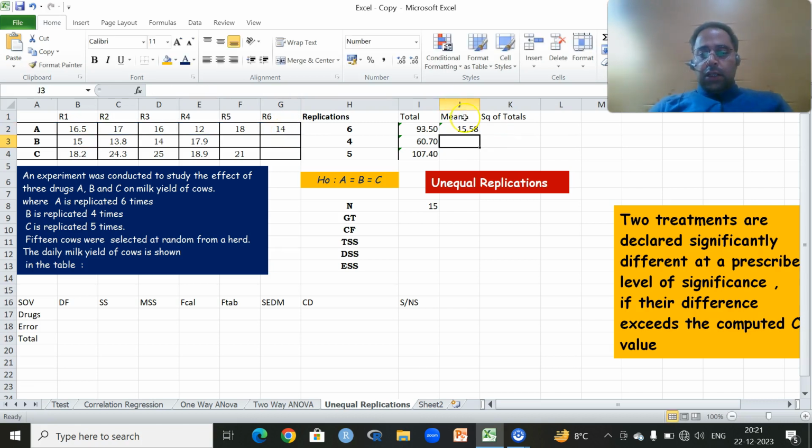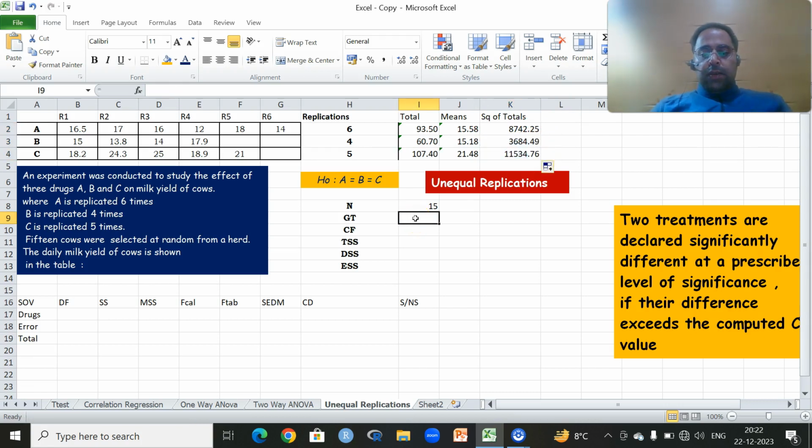Then we have to do one other step, that is to get the squares of these totals, because they are very important as far as the treatment sum of square or drug sum of square is concerned, because in this case the treatments are drugs. So for that we'll use the first total, raise it to power 2, and drag it down.